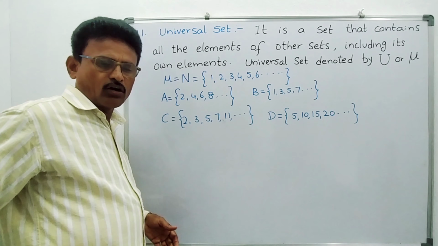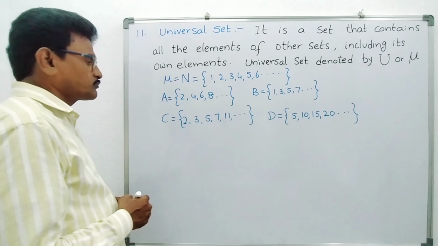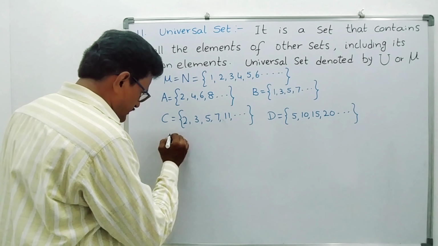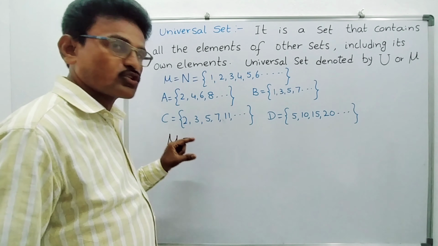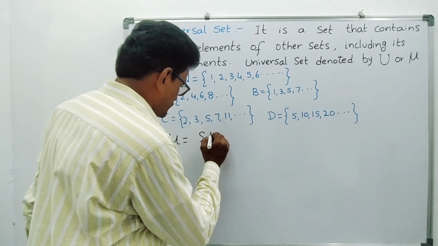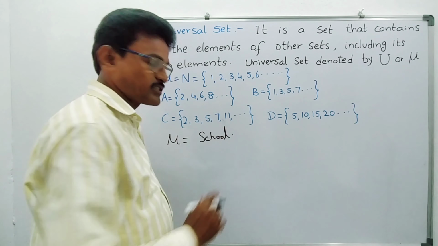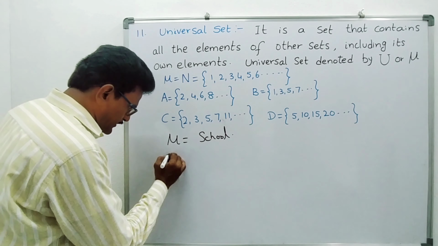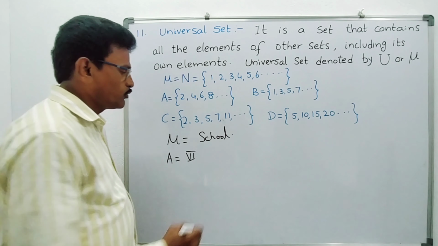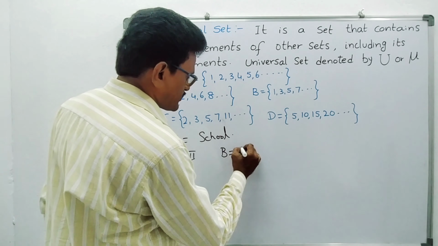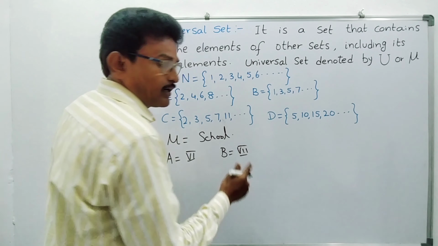Okay. Now we will take one more example. Suppose the universal set is your school. Total school we are considering. Now in that you can take A as only 6th class students. Now B, 7th class students, like that.